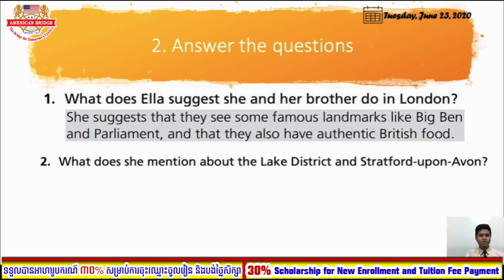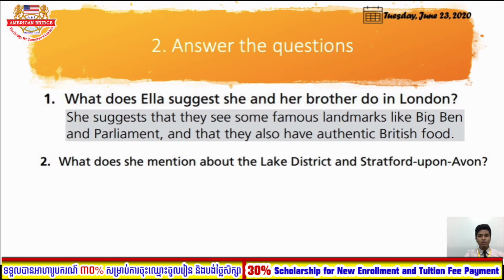Well, let's start with the first one. Here is a sample answer. You can have a slightly different answer from this, but it's okay. Question number 1, what does Ella suggest she and her brother do in London? She suggests that they see some famous landmarks like Big Ben and Parliament, and they also have authentic British food.